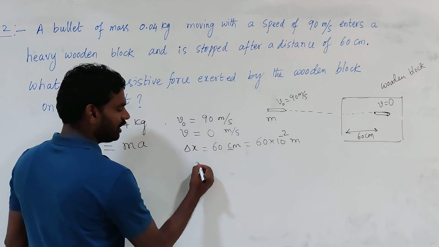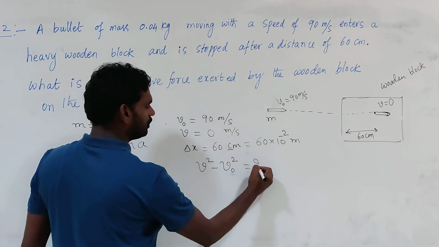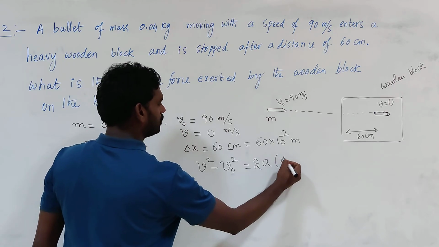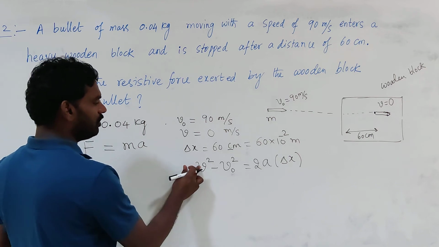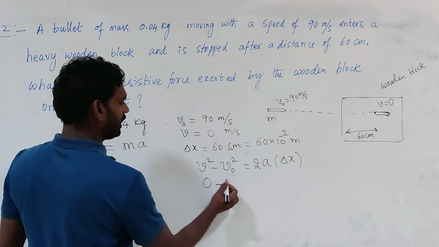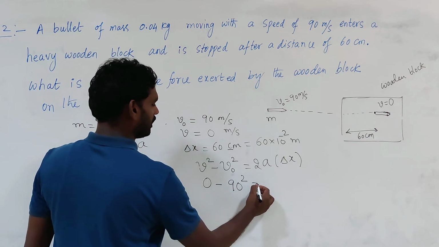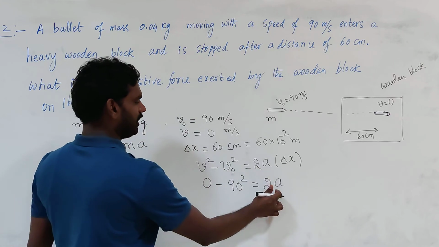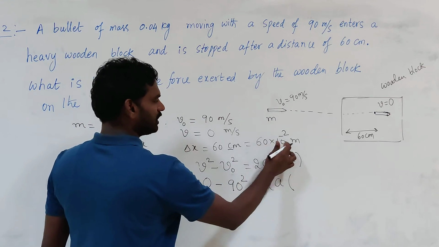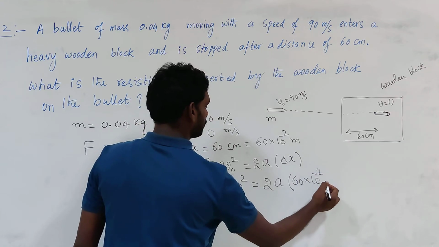From the third equation of motion, V square minus V0 square equals 2a into delta x. We know V equals 0, so minus V0 square, that is 90 square, equals 2 into acceleration a into 60 into 10 to the power of minus 2.